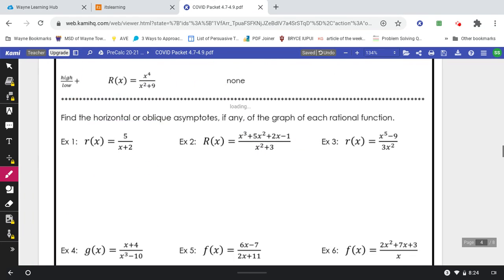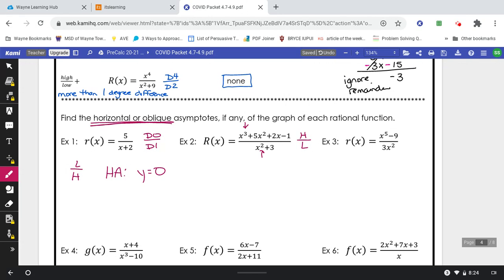All right, so I'm going to set this up as long division. I'm going to get rid of some of these here. x squared plus 3 divided into x to the third, 5x squared, 2x minus 1. I first ask myself, x squared times what gets me x to the third?